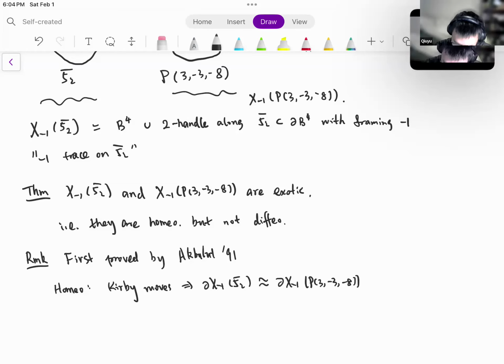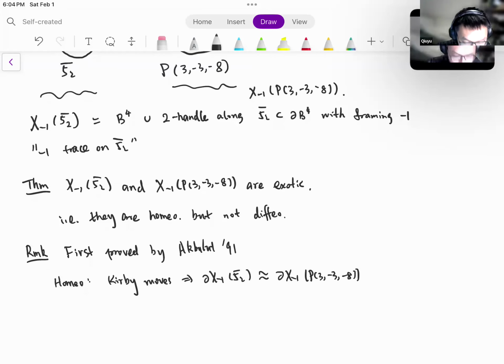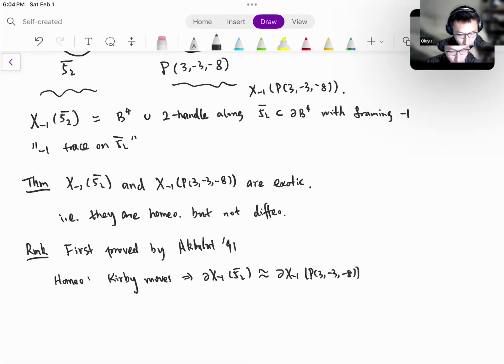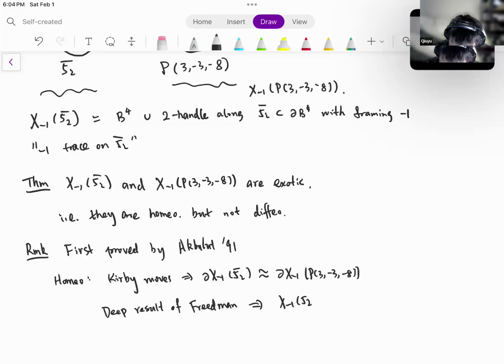Then this, plus the framing condition, the framings agree, is already sufficient, using a deep result of Freedman, to show that those four-manifolds are homeomorphic.